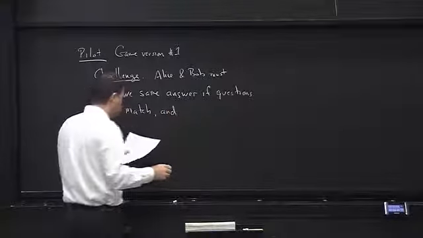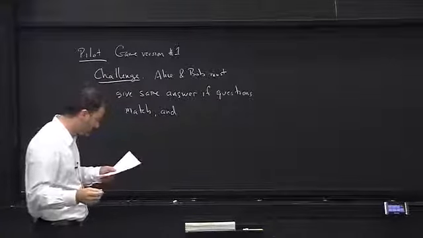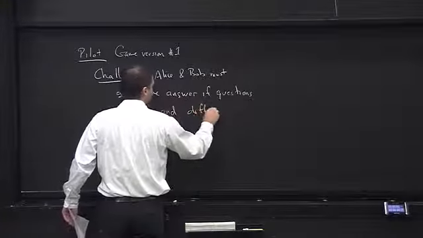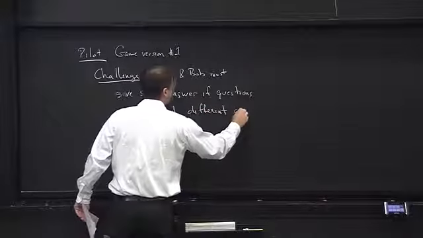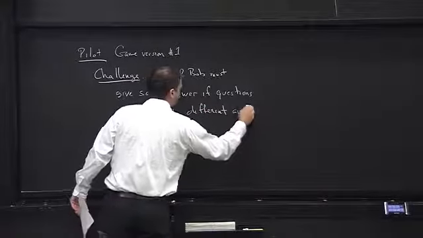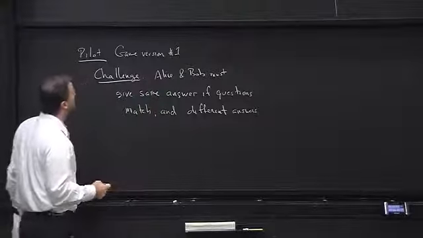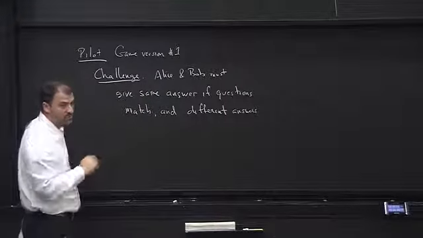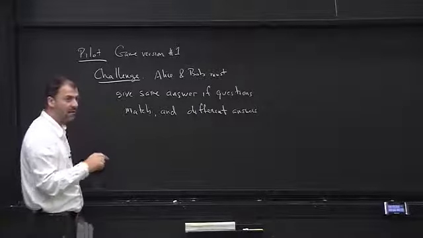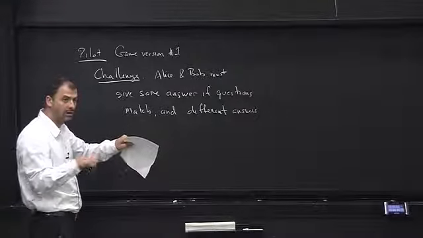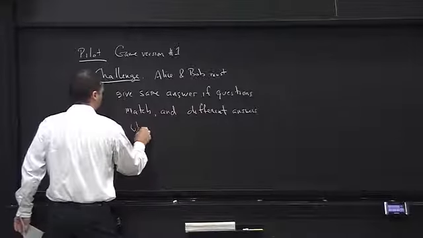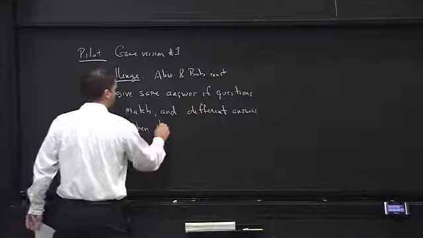And they want to give differing answers if the questions are different. So if Alice is asked what's your favorite color, and Bob is asked what's your favorite number, and we've labeled these with 0 and 1, then Alice should give 0 and Bob gives 1, or Alice should give 1 and Bob gives 0, when the questions differ.